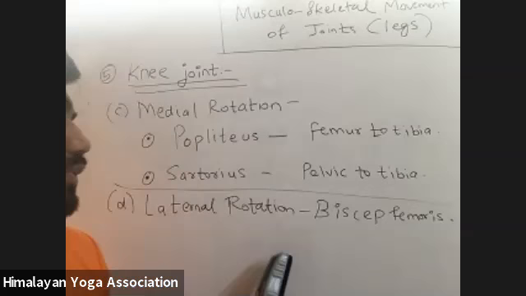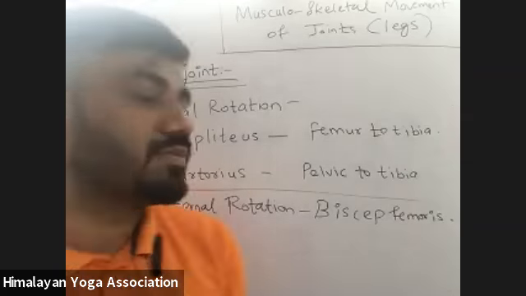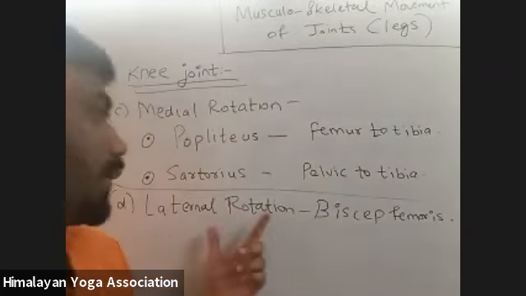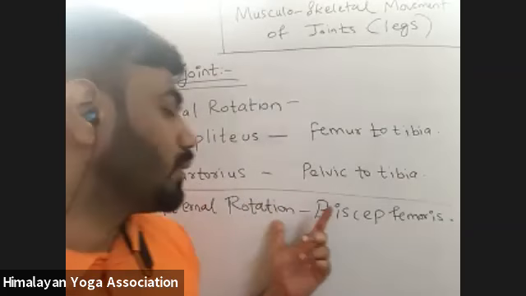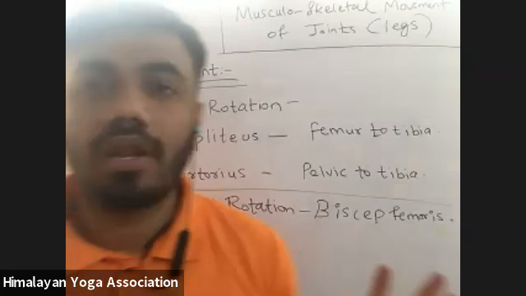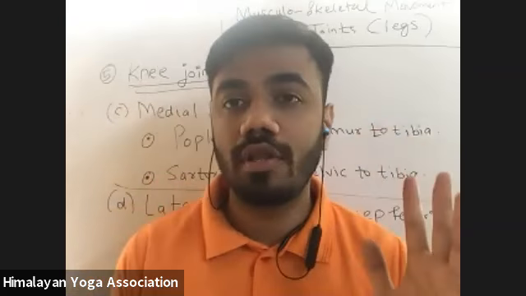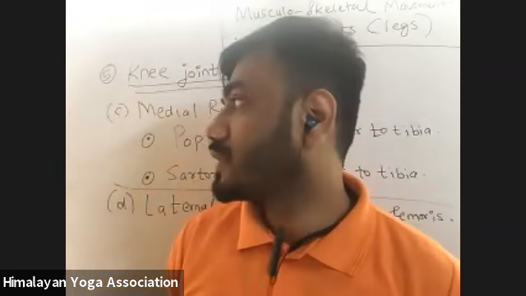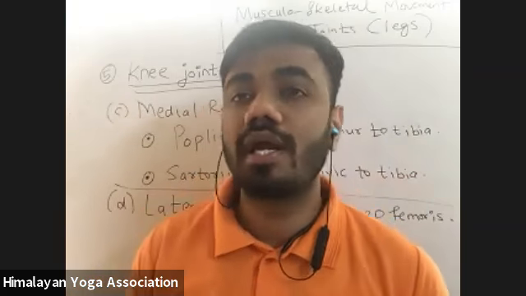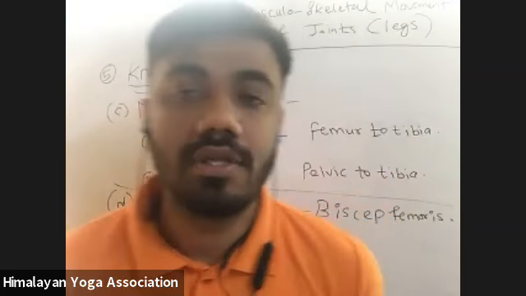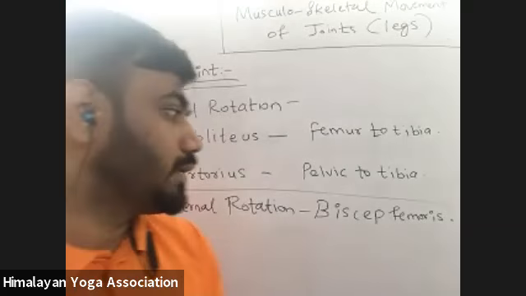This muscle helps our knee rotate externally. So in our hamstring, in the center, we have the biceps femoris muscle with the two heads, which allows our knee joint to rotate externally. That's it. These are the four basic movements of our knee joint: flexion, extension, internal rotation, and external rotation.